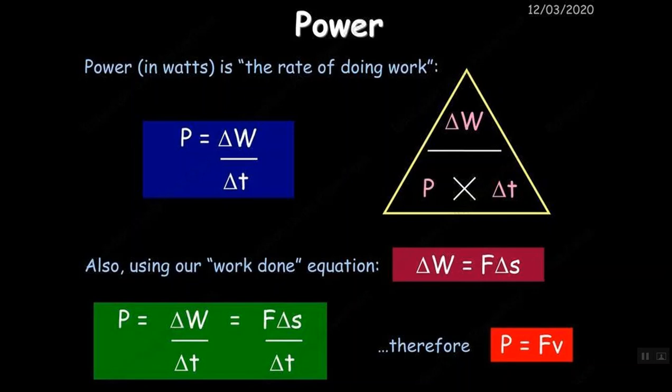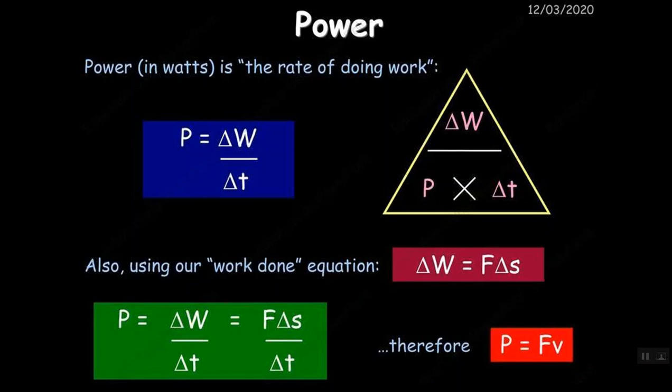And then if the object moves at a constant speed, we see that the bottom in the green, that power is work over time, which is force times distance, and distance over time, if it's at constant speed, no acceleration, we can also calculate the power saying force times velocity, and velocity having distance over time in it.